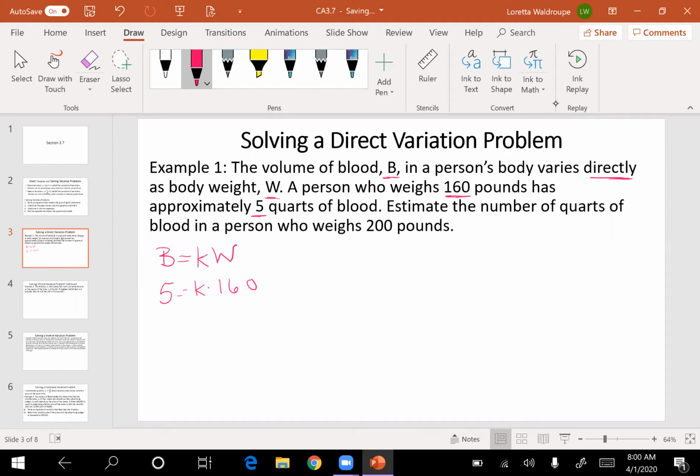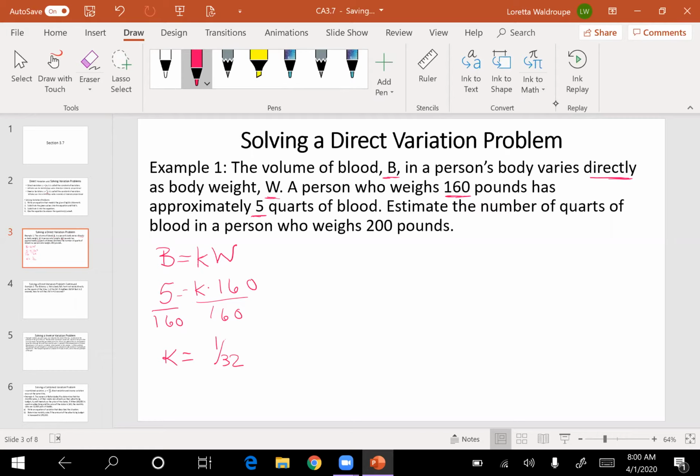How am I going to solve that equation for K? I'm going to divide both sides by 160. So K equals 5 over 160. Both of those are divisible by 5, so I'm going to reduce it to 1 over 32.